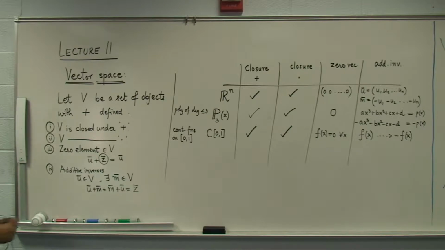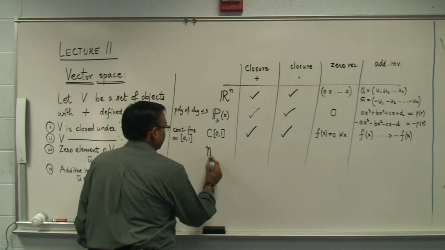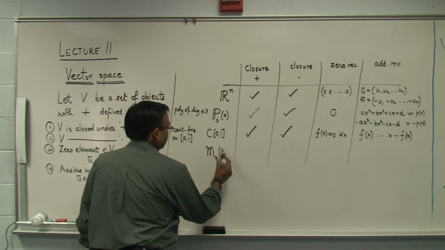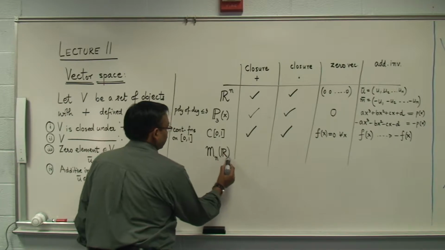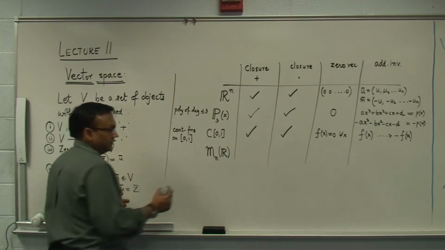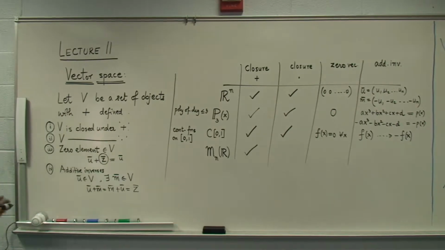What else? Let's try to see. What about another space? Here's my space of all n by n matrices over the set of real numbers, so all square matrices with real entries. If I take any two such matrices, under matrix addition the sum of two n by n matrices will be an n by n matrix. So it is closed under addition.